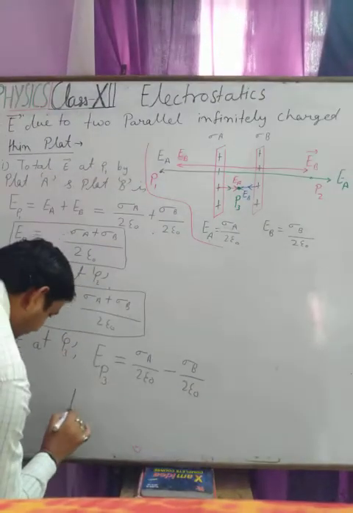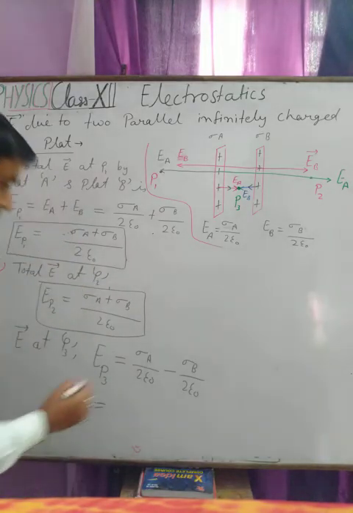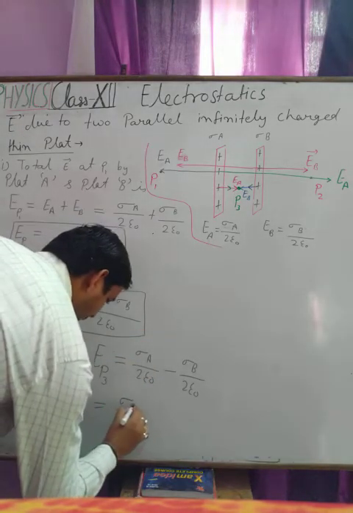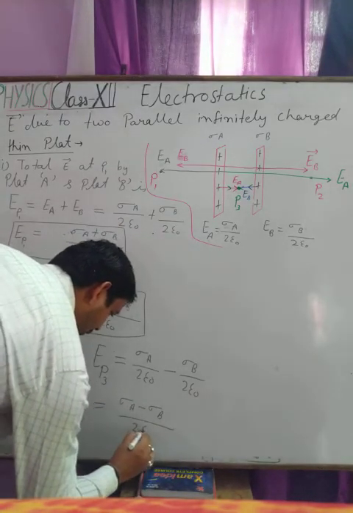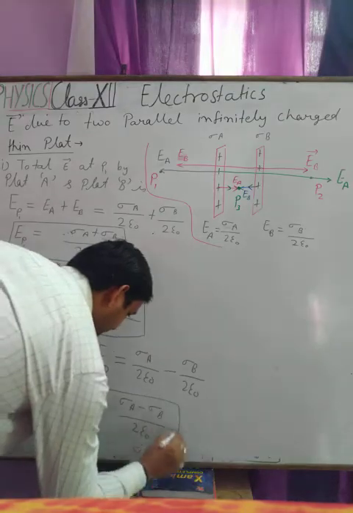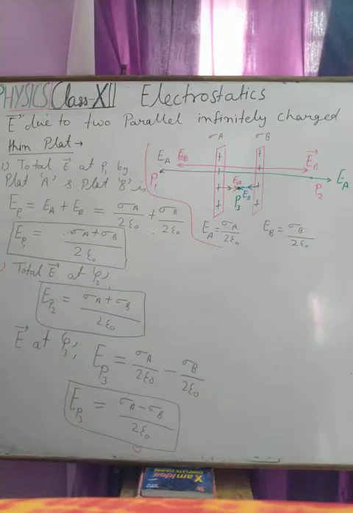So we are getting the electric field at P3 equal to sigma A minus sigma B upon 2 epsilon naught. Okay, this is the condition.